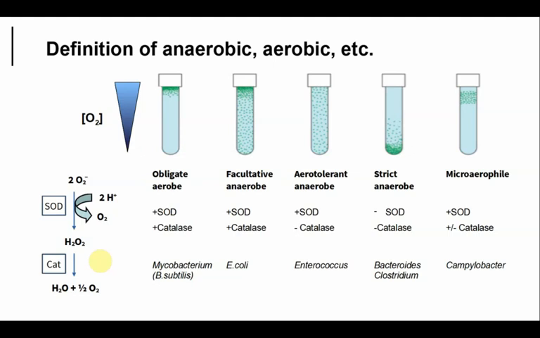Aerotolerant anaerobes will express superoxide dismutase, but not catalase. Strict anaerobes don't have either one. They can't tolerate any oxygen. Microaerophilic bacteria have superoxide dismutase and might have a bit of catalase. But facultative anaerobes and obligate aerobes need both of these enzymes.